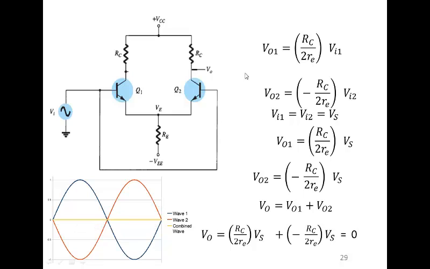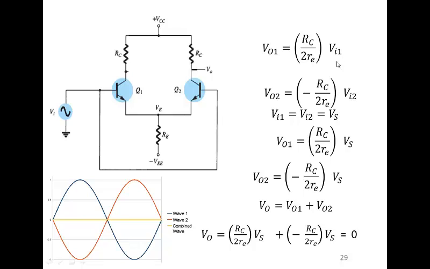As we are applying superposition to get the output, I can write for the common mode case V out 1 equal to gain into V in 1, where gain is positive, and for the second input V out 2 equal to gain into V in 2, where gain is negative.